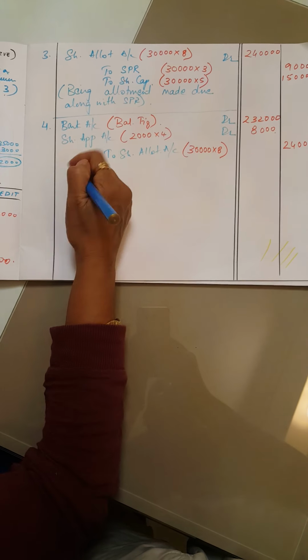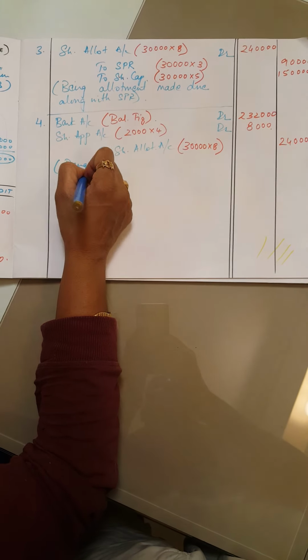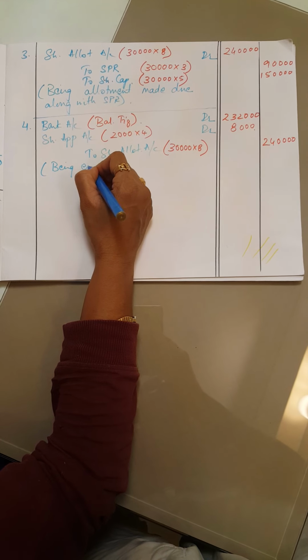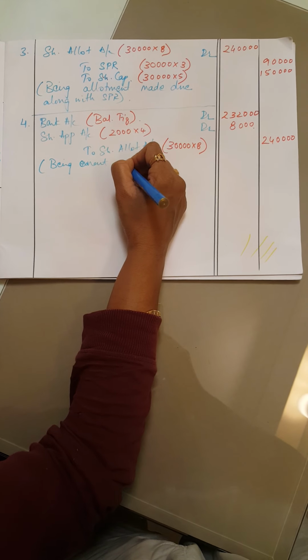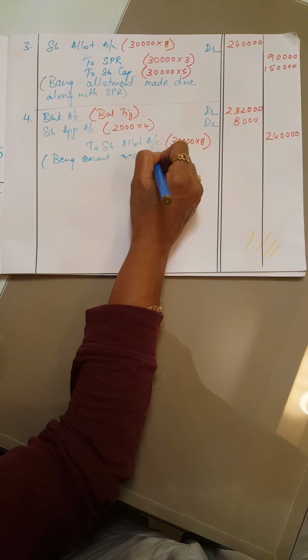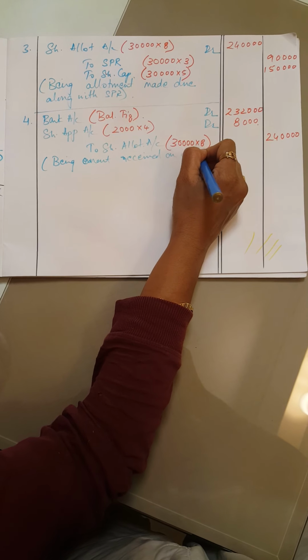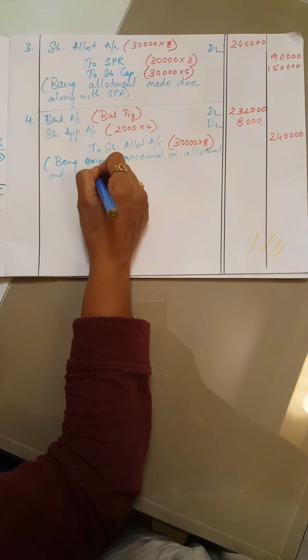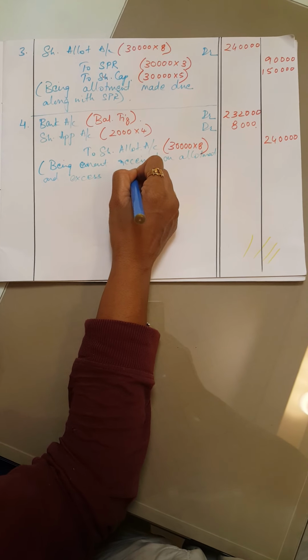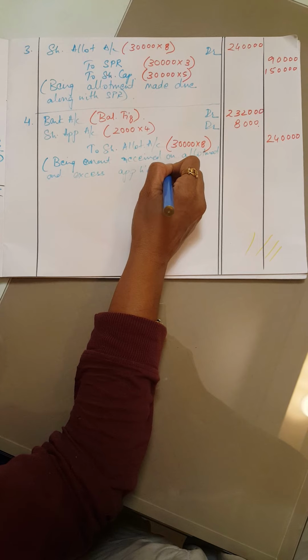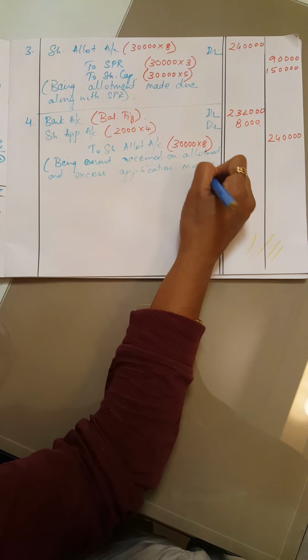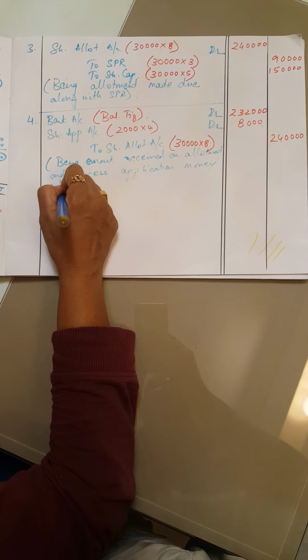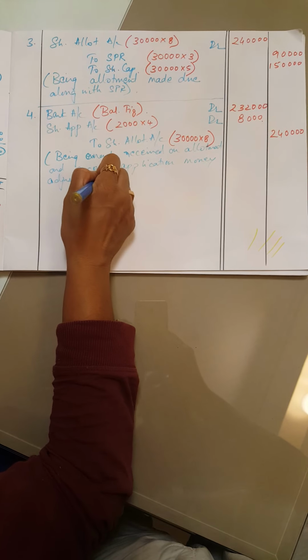And your narration will be: amount received on allotment and excess application money adjusted.